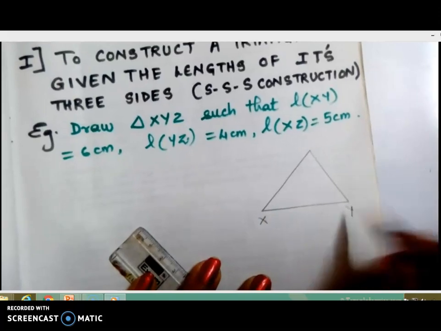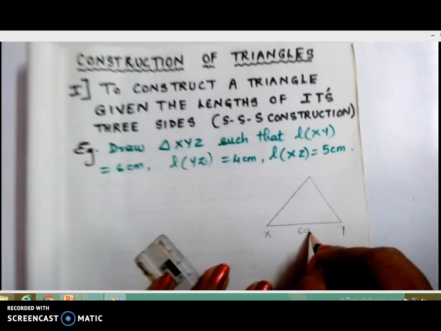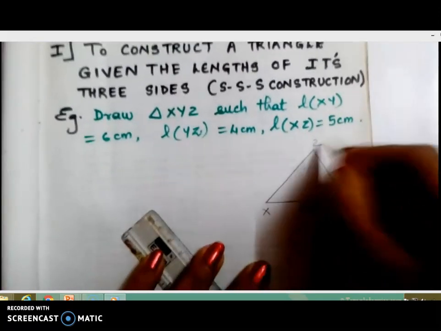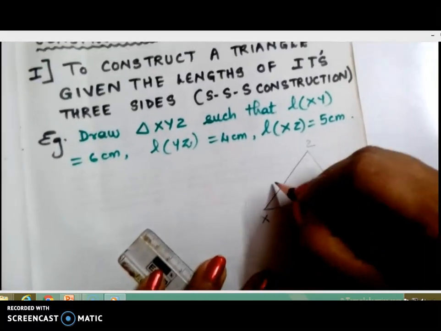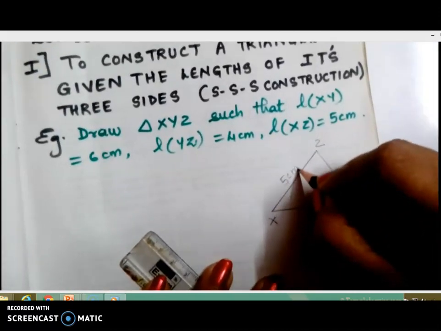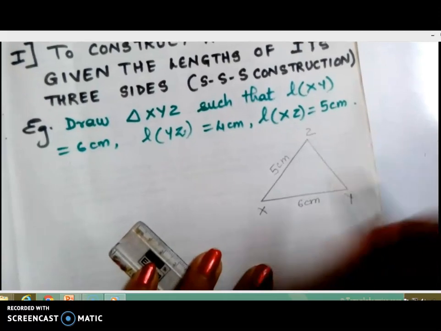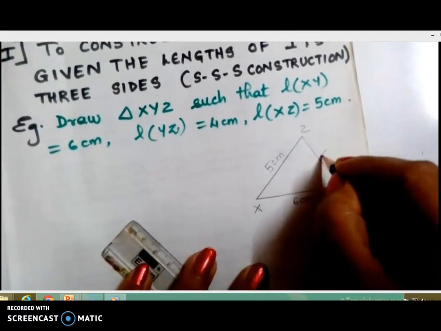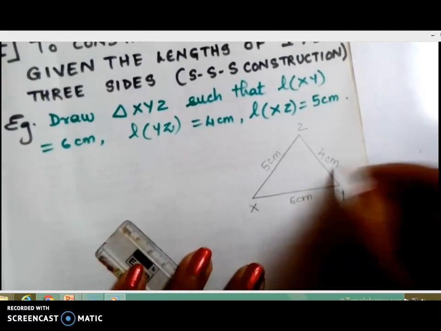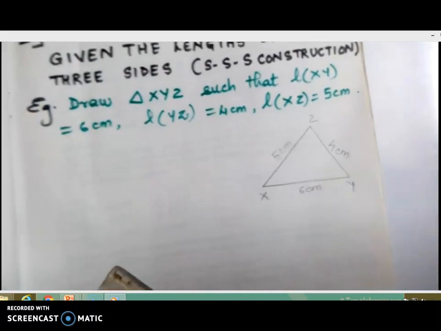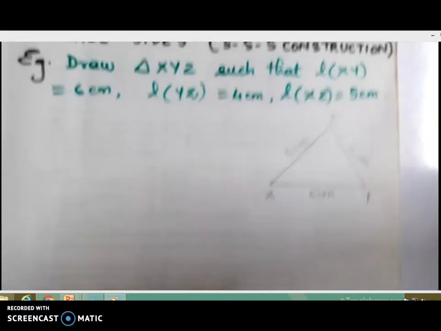So XY 6 cm. This will be Z. XZ is 5 cm. And YZ is 4 cm. Now we will proceed to do the fair construction.